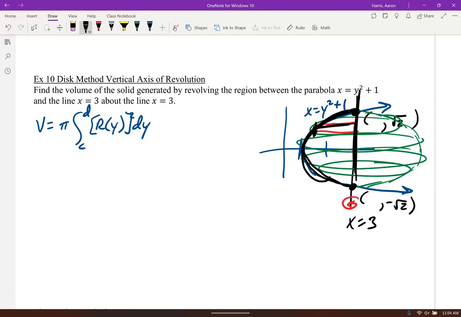That gives you the length of that rectangle, or the radius of that disk. So that's 3 minus y squared plus 1. That is our r of y. And we're going from negative root 2 up to positive root 2.